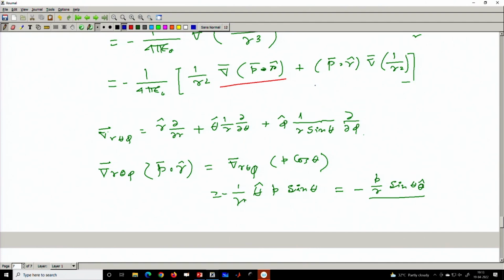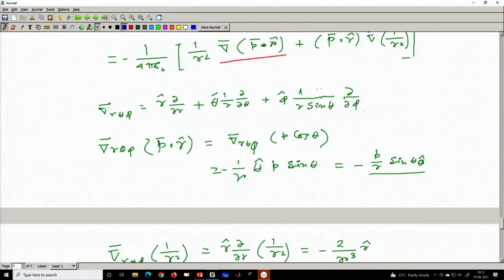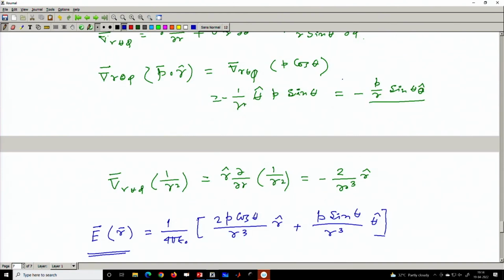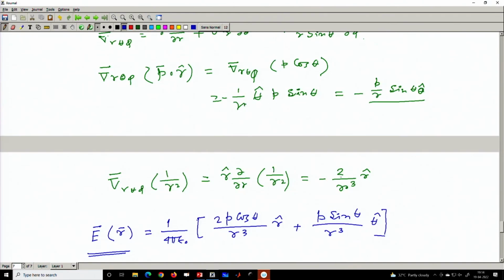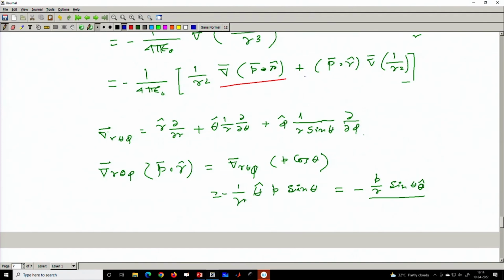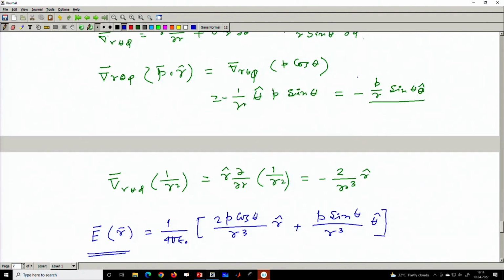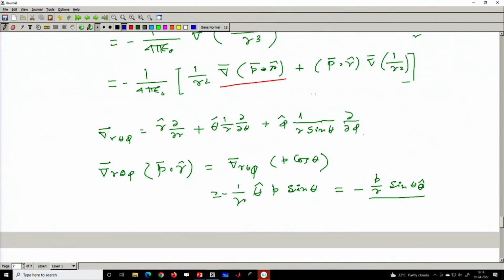So here p dot r is p cos theta, and 1 by r square gives minus of 2. So I should have a minus sign. So this minus is absorbed here, and the other is minus, so both the minus signs are absorbed.